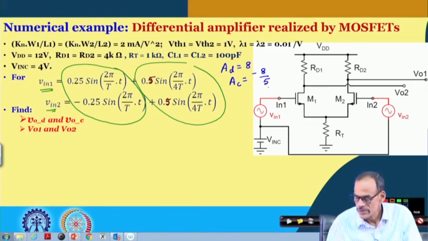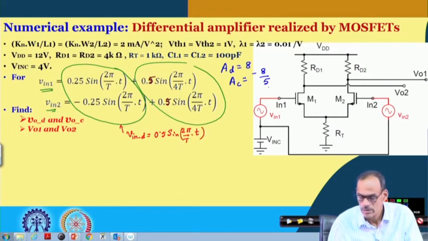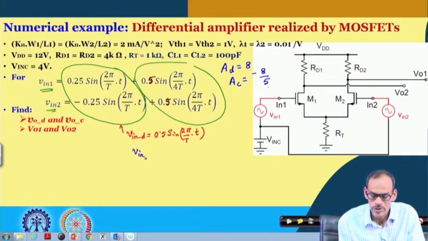So, the differential signal at the input, V in D equals 0.5 sin 2 pi by capital T into small t, and on the other hand the common mode V in C equals 0.5 sin 2 pi by 4 t into small t.